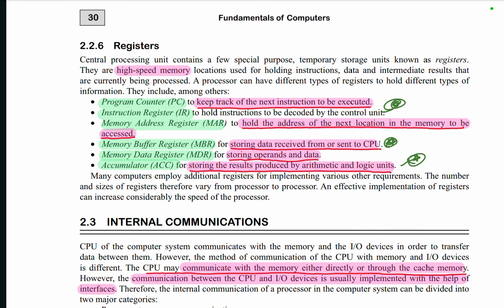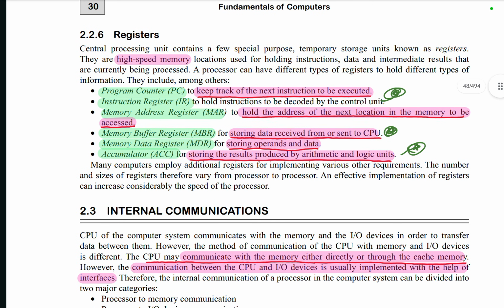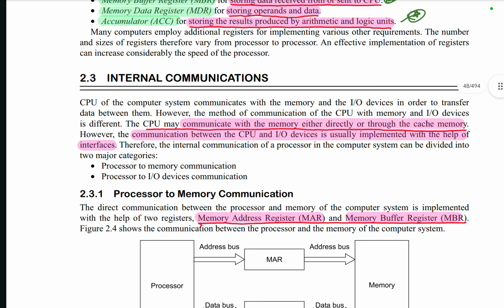Memory buffer register stores data received from or sent to the CPU. Memory data register stores operands and data. Accumulator, ACC, stores the results produced by the arithmetic and logic units. So the registers are PC, IR, MAR, MBR, MDR, and accumulator.